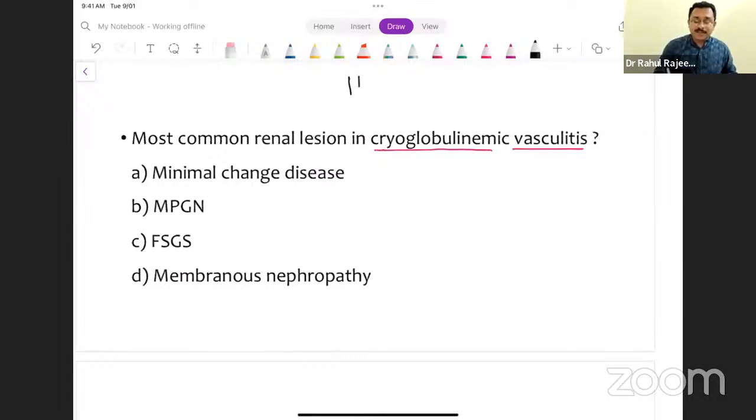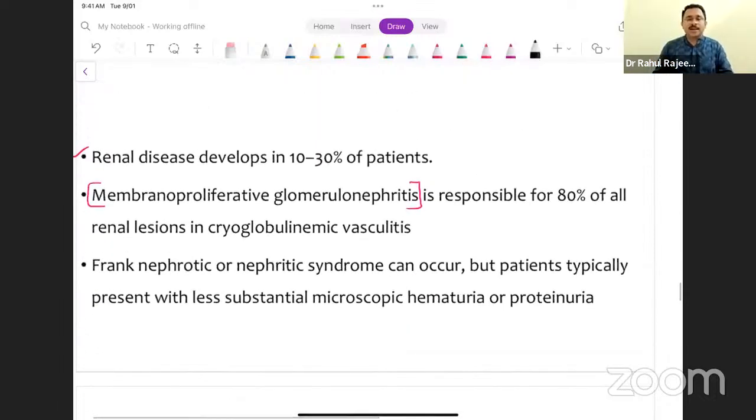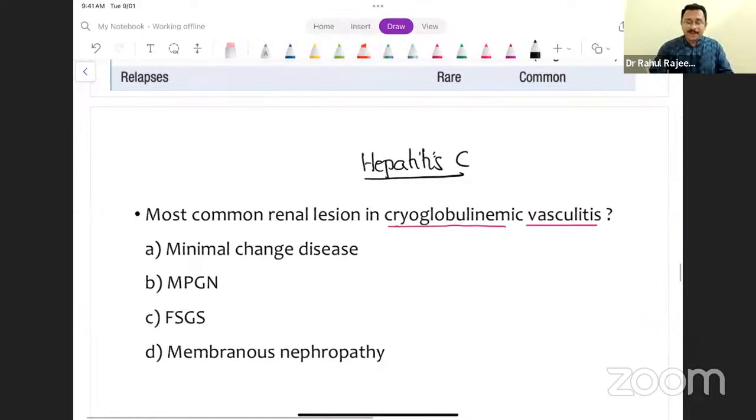A patient with hepatitis C infection, developing some sort of joint pains, arthralgia might be there, purpura might be there, and then you might have some sort of glomerular involvement as well. So remember, hepatitis C is very commonly associated with cryoglobulinemic vasculitis.